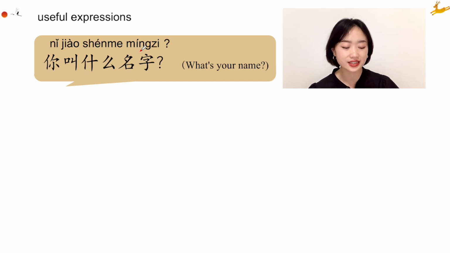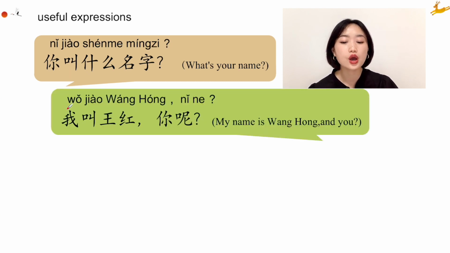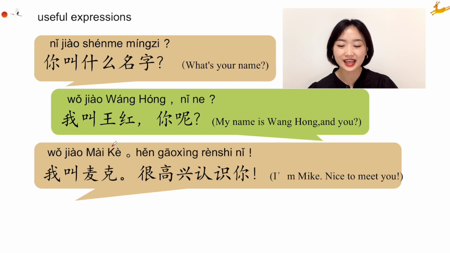And to answer that, we say 我叫王红，你呢？ Which means my name's Wang Hong, and you? Again, 我叫王红，你呢？ Yes. And to answer this question, we say 我叫麦克.